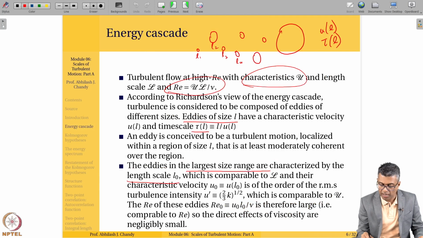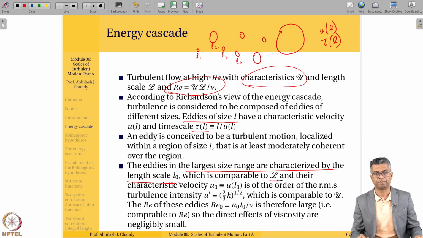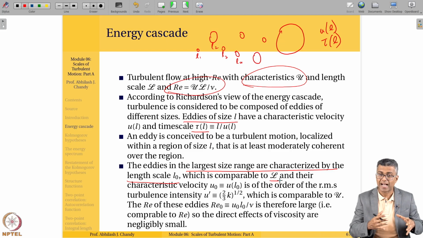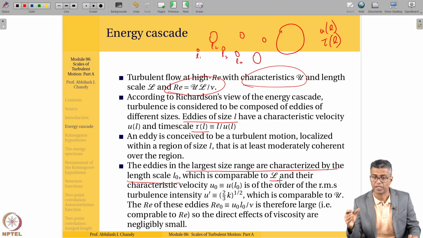So the eddies in the largest size range are characterized by length scale L0, which is comparable to L, of the same order of magnitude as the characteristic length scale. Now this L0 is your largest length scale that develops as the flow develops.